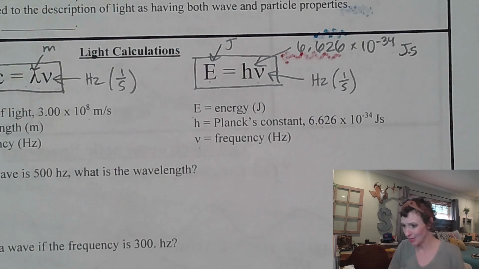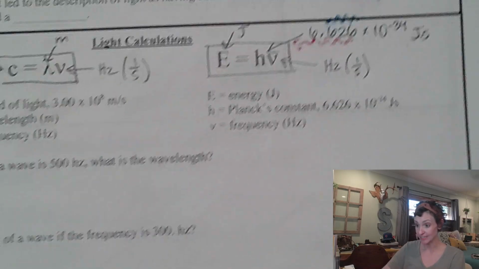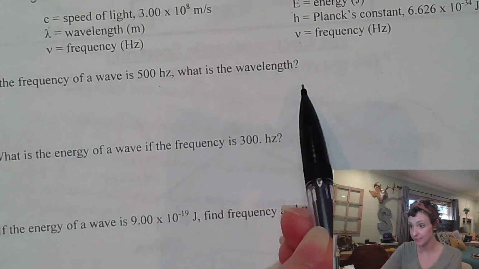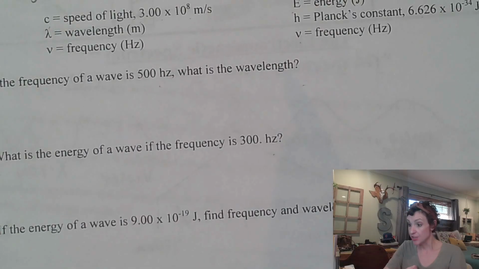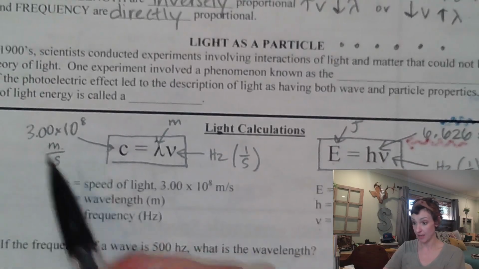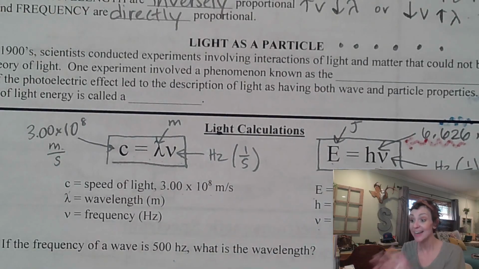So I'm giving you all this unit stuff because it is actually helpful and important. Also, it is super helpful because when you get down here to problems, you're going to see things like hertz and joules, and you need to know what letter of the alphabet or Greek alphabet that is representing so you can pick which equation you want to use.